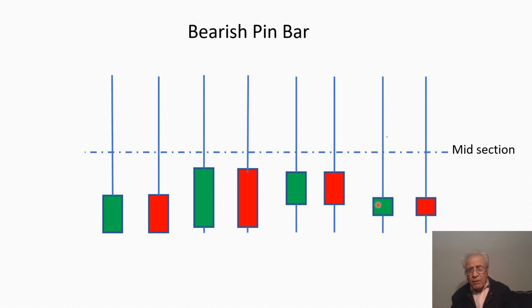So if you see this pin bar at the top of an upward trend, that suggests a trend reversal from upward to downward. That is provided that you wait for the confirmation candle. If the confirmation candle is bearish and closes below the close price of this one, then you exit the market.